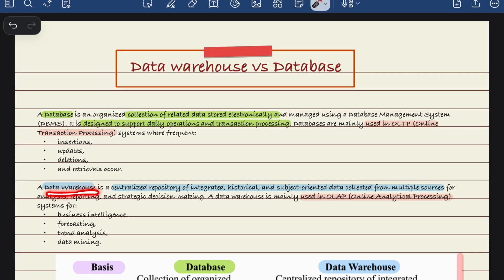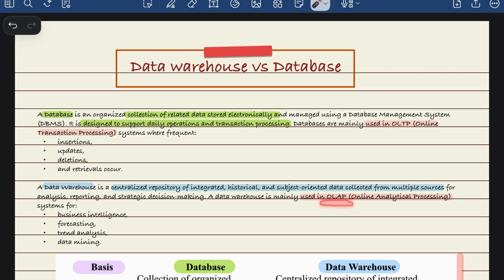If we talk about a data warehouse, now you know what a data warehouse is. Try to recall the definition. I hope you are able to do that. It is a centralized repository of integrated historical and subject oriented data from multiple sources. And why is the data warehouse used? It is used for analysis, reporting and strategic decision making. And where is a data warehouse used?